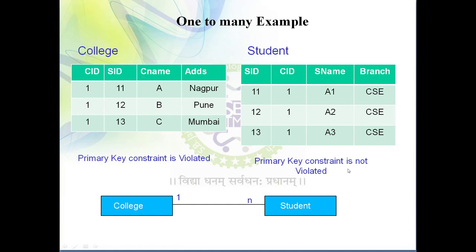That means we can establish a relationship between college and student table by adding an attribute called college id into a student table, because it will not violate the primary key constraint and the relationship between the two tables will be established. You need to remember that in order to establish a relationship between two tables, you require one common attribute.